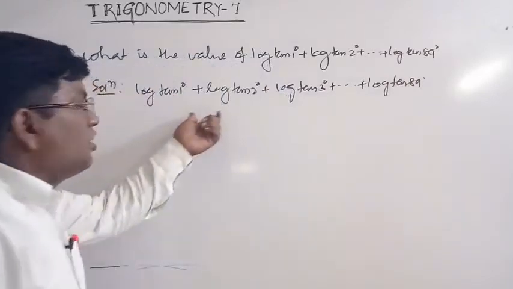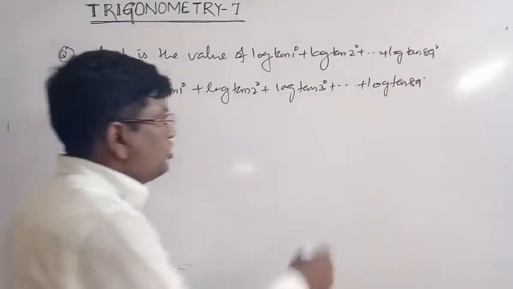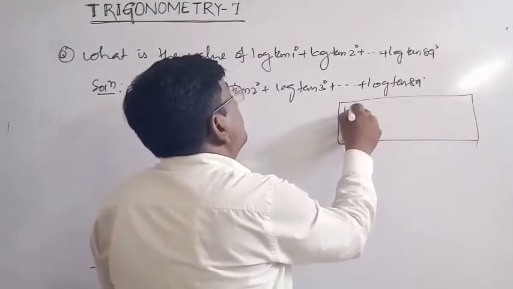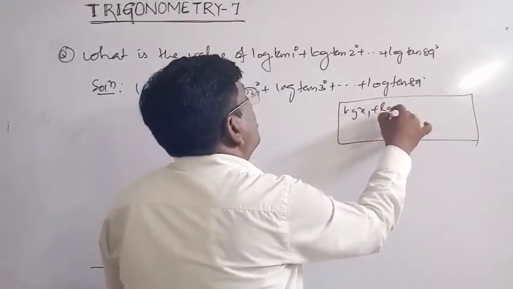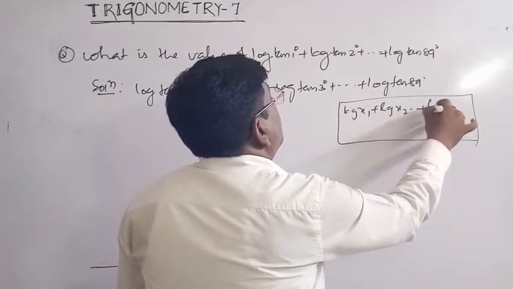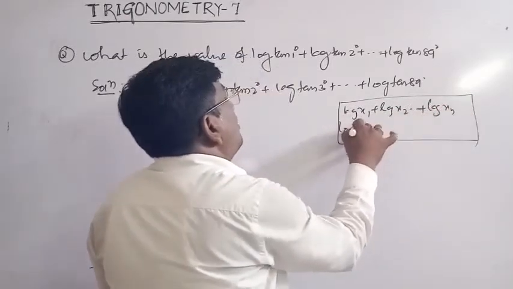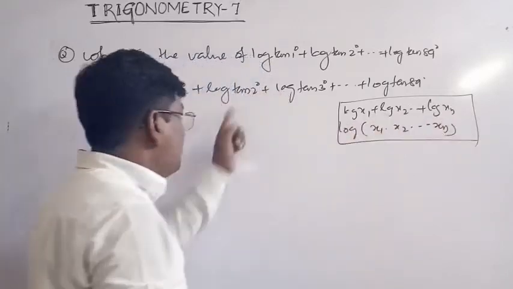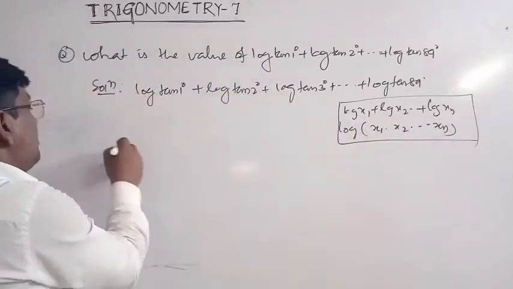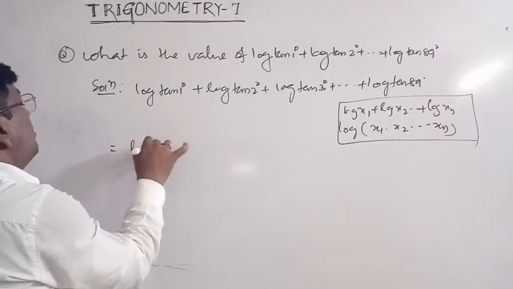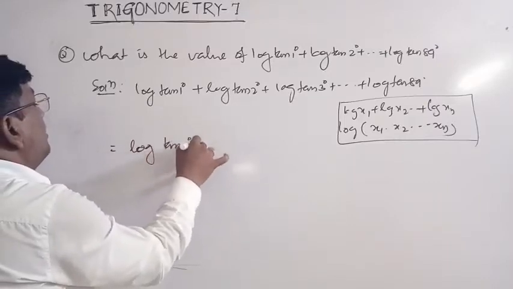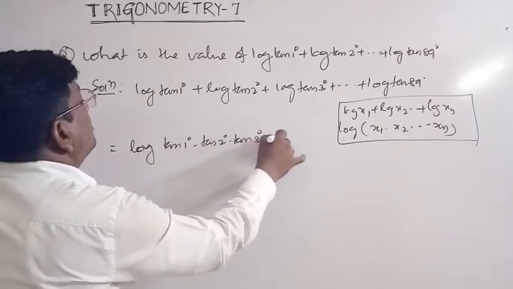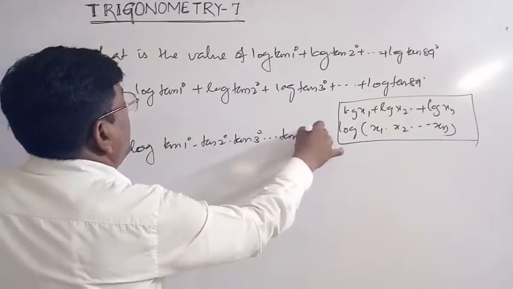If logarithms are added, which property applies? Log x1 plus log x2 plus log xn, suppose, is log of x1 into x2 dot xn. Similarly, using this property we get log of tan 1 degree into tan 2 degree into tan 3 degree, up to tan 89 degree.